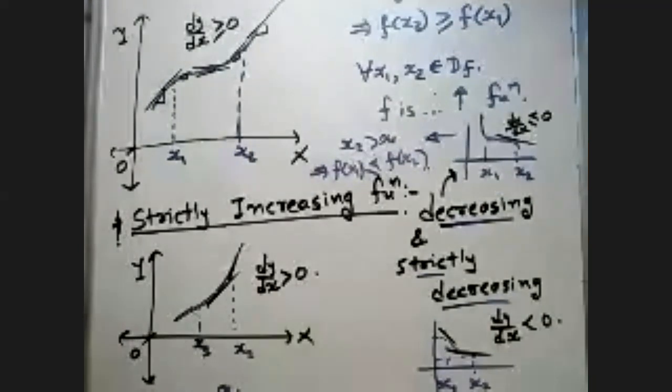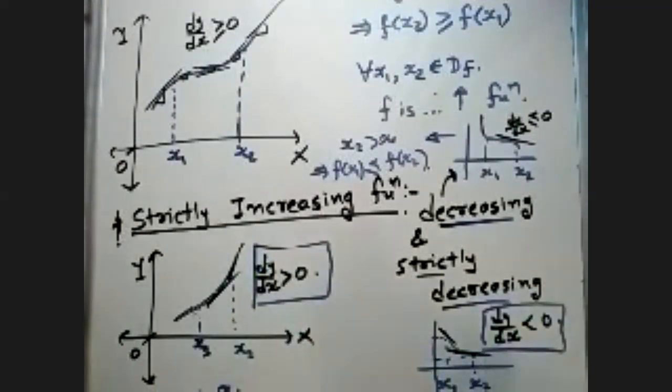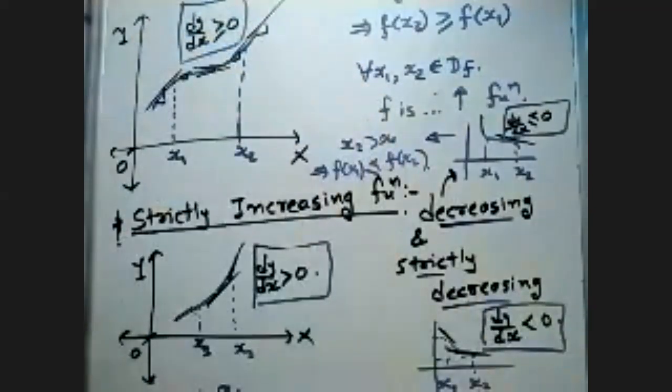Yes. So these are the concepts of increasing, strictly increasing, decreasing and strictly decreasing functions, and these are the conditions that we are going to use in questions. Okay, dy by dx is greater than or equal to 0, greater than 0, less than or equal to 0 and less than 0.